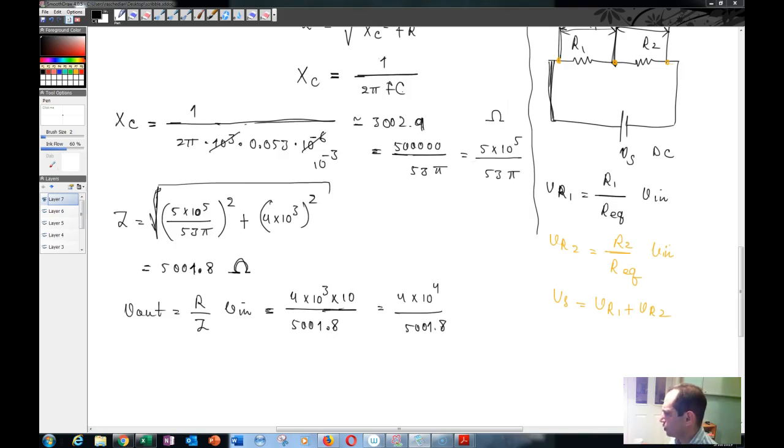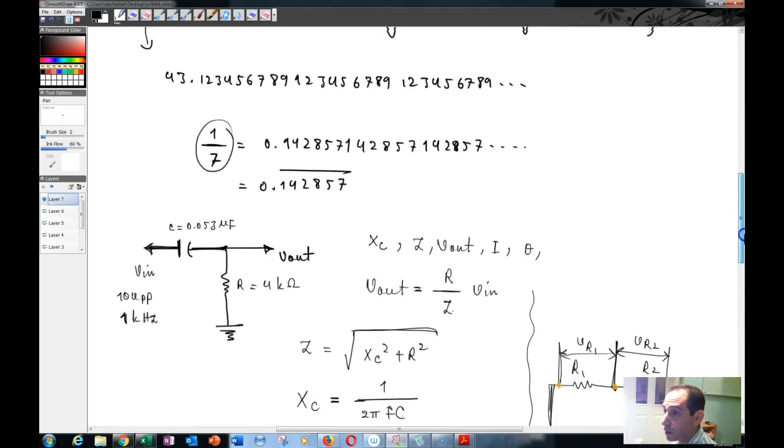Take it as 8. So your V of out is equal to 8 volts peak to peak.